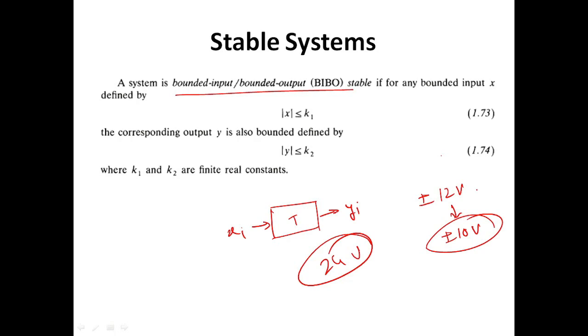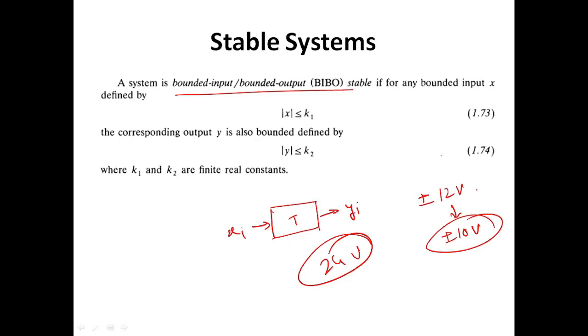So that 24 volt signal is not a bounded input signal. That means the system has not been designed to work in that particular range. So since the input itself is not bounded, your output is also not bounded, so your system is not stable for that input.